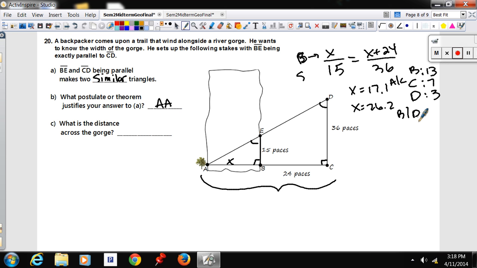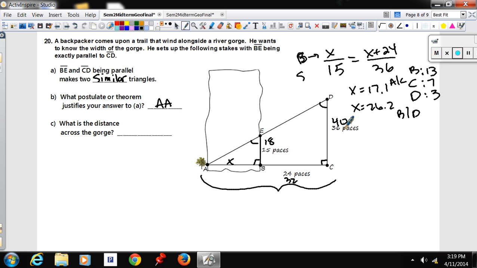Because their numbers were different. Letter B, your numbers were 18, 32, and 40.